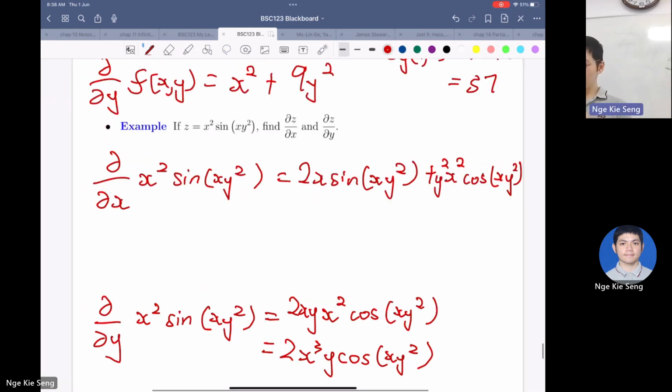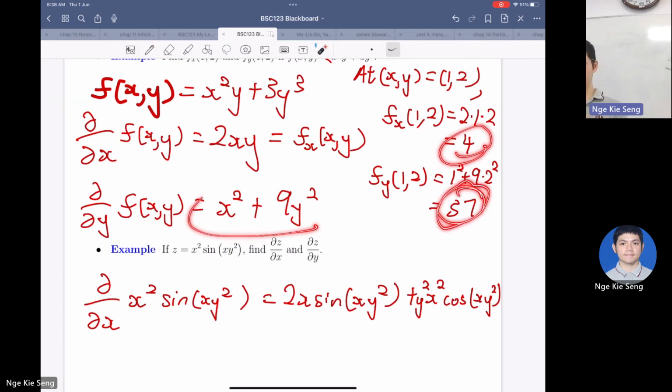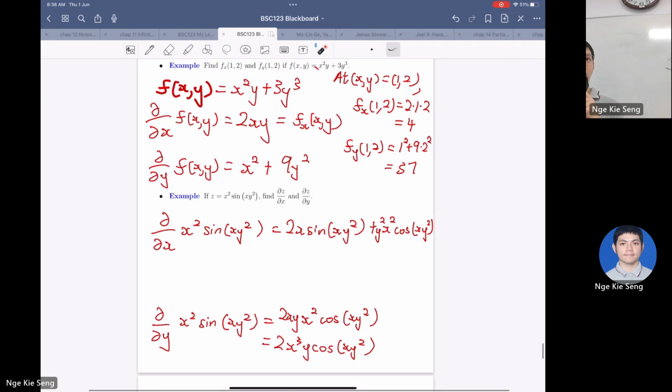Okay, so you know what's the meaning of these 4, 37 and these partial derivatives? When you evaluate this partial derivative at the point, it means that at that point you have a slope of 4 or 37.